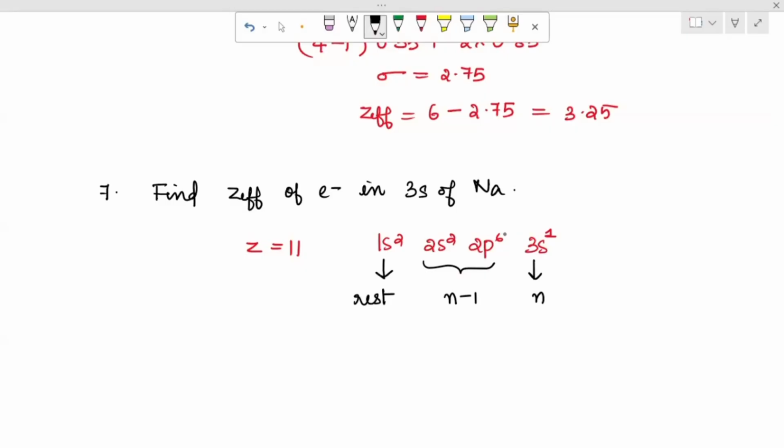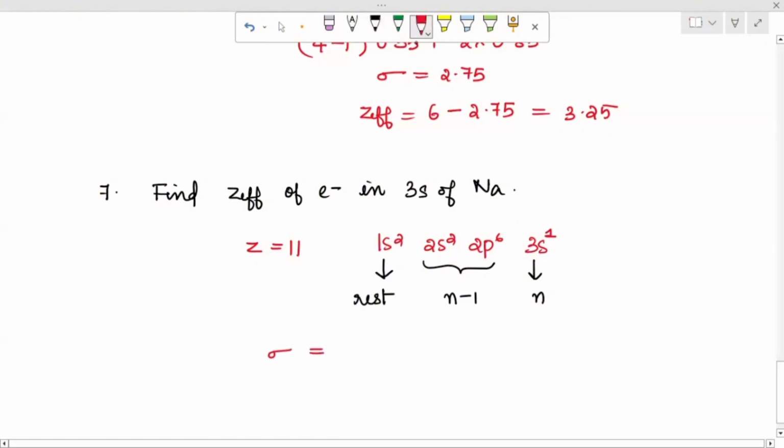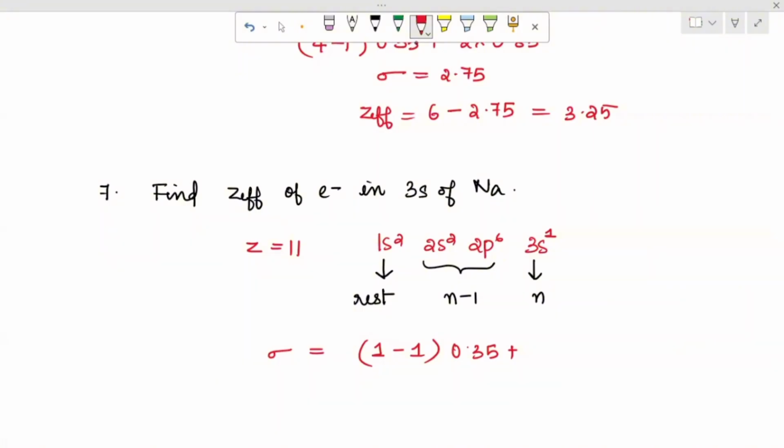Okay. So when you do this, start the calculation, please. So your screening constant is number of electrons in n is 1 minus 1 into 0.35 plus in n minus 1, you have 8 electrons. So 8 into 0.85 plus rest of the electrons, you have to add them all. You have only 2.